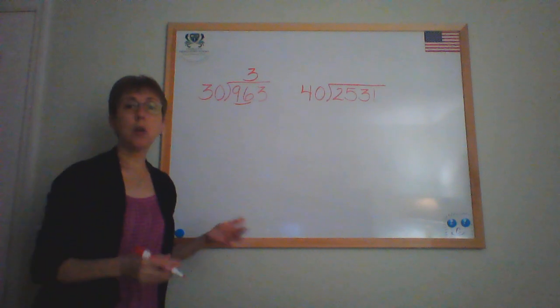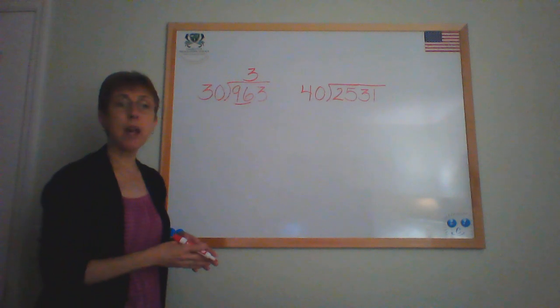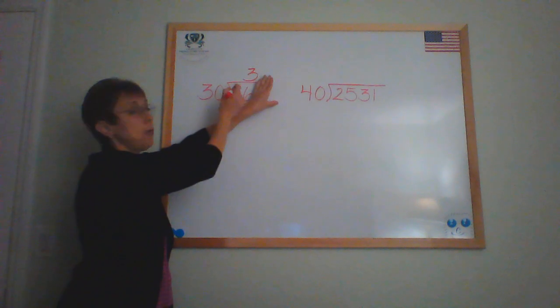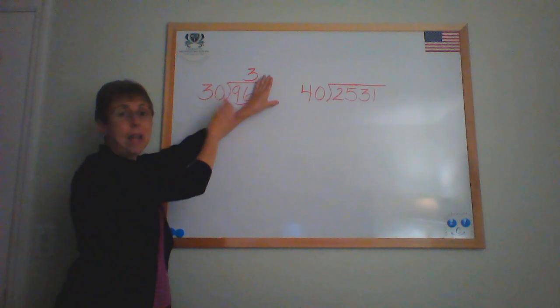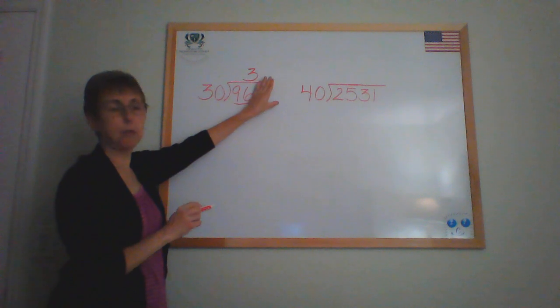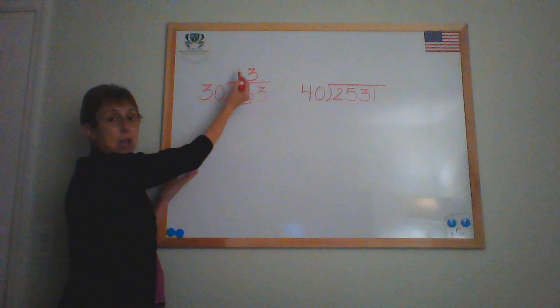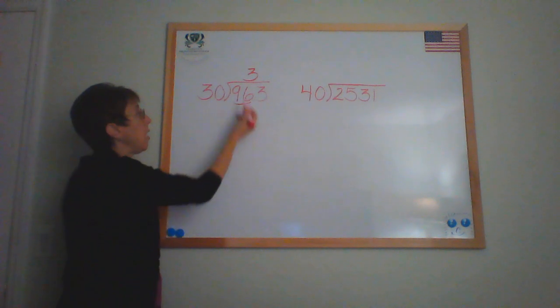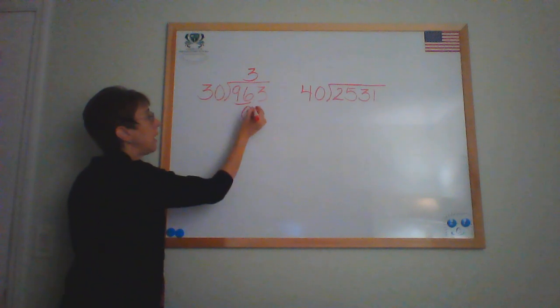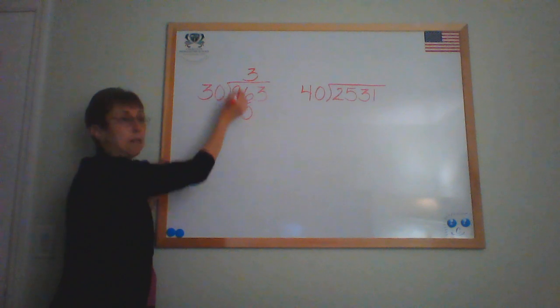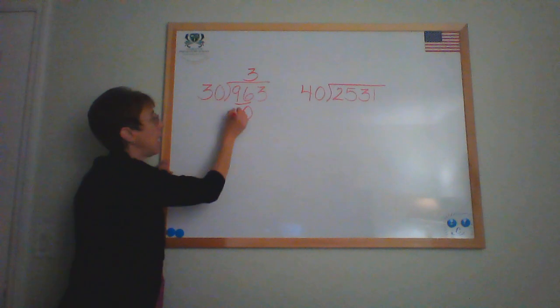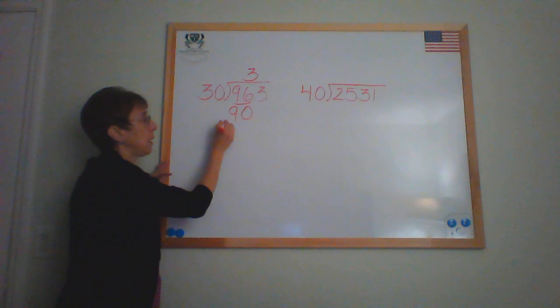Because we know that 3 times 3 equals 9, there's a good chance that 3 will work when we do 96 divided by 30. So now you have to say 3 times 30. 3 times 30 is 90. Your 3 times 0 is 0, and 3 times 3 equals 9. So that does work here.